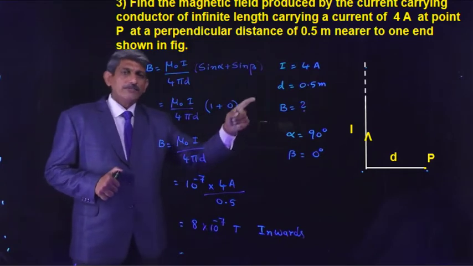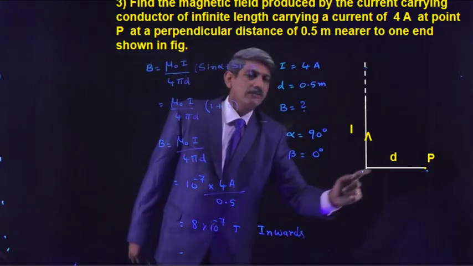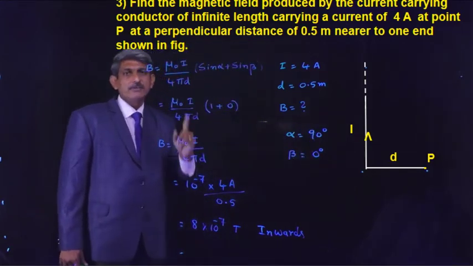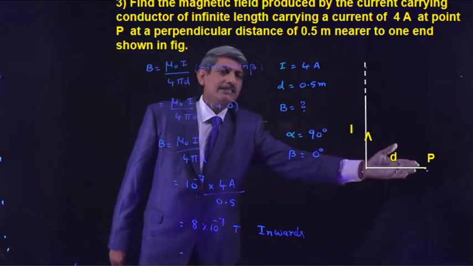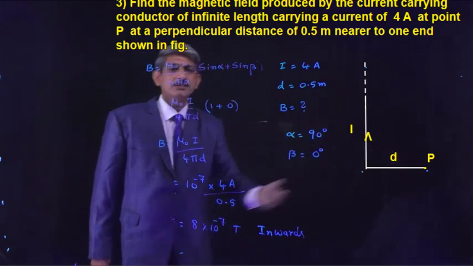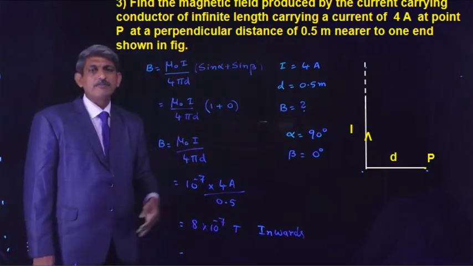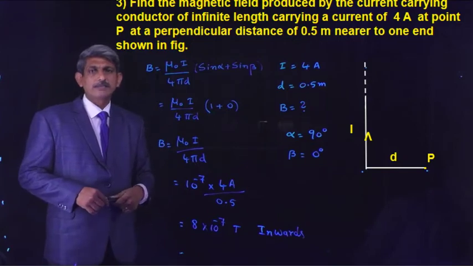If the wire is having infinite length and the point is nearer to one end of the wire, then such a wire is said to be the semi-infinite wire. In that case, alpha is equal to 90 degrees, whereas beta is equal to 0 degrees. By taking the proper alpha and beta values, we can solve the problem to determine the magnetic induction value.